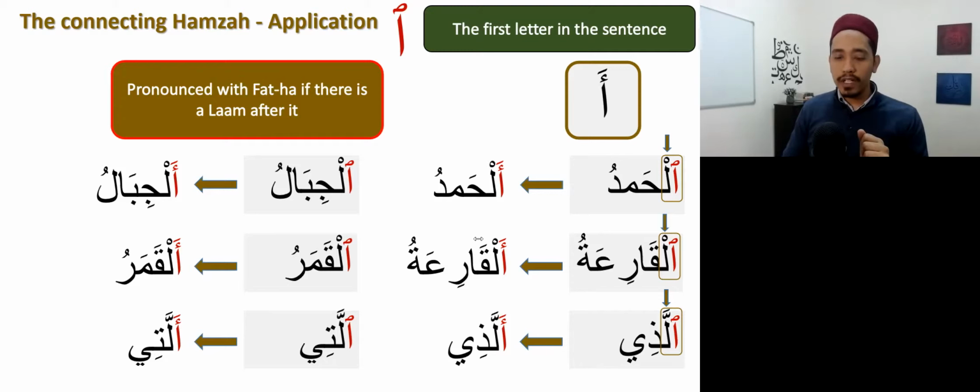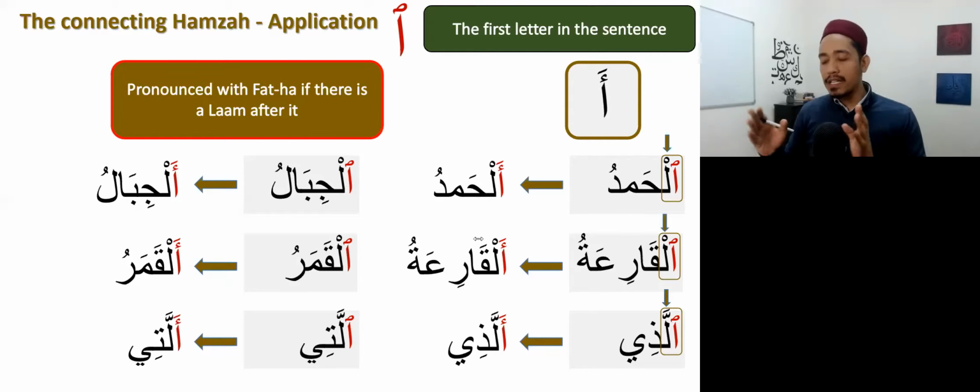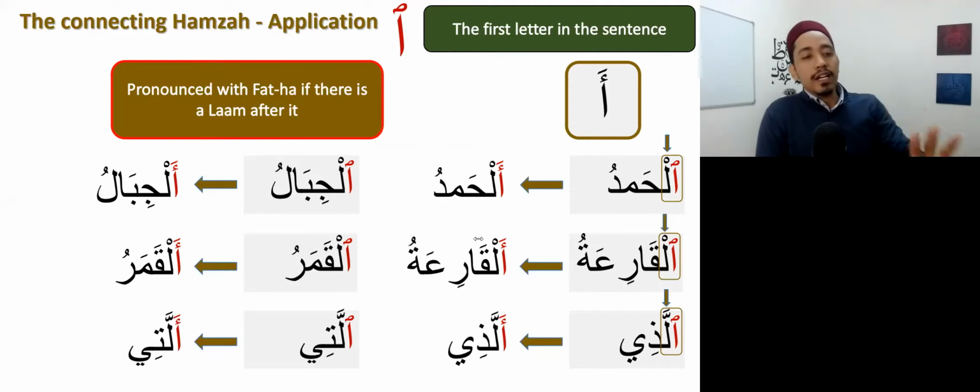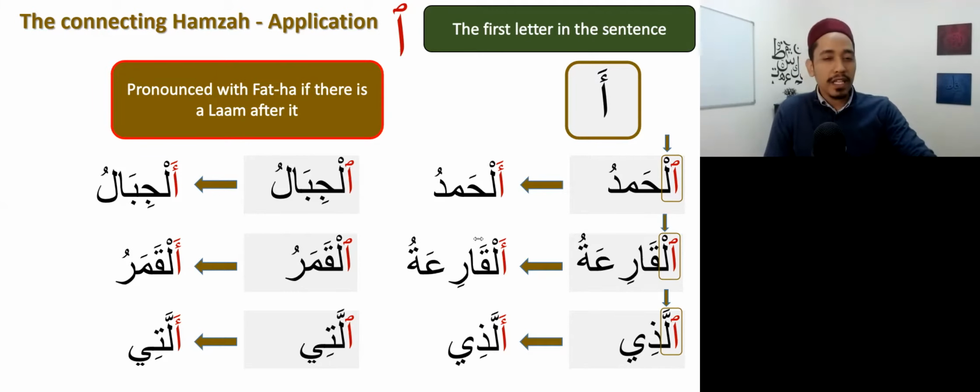Is everyone fine? Did everyone get that? Before we move on to the real monster. Okay. Now we're going to move on to the real monster. Now, I'll tell you why. Remember I said the connecting Hamza, when it appears in the middle of a sentence, which will be the case 90 to 95% of the time, is going to be skipped.